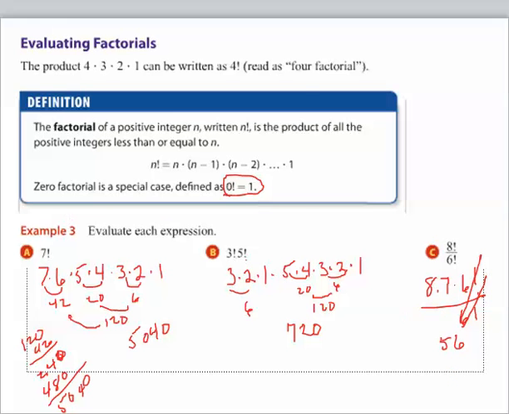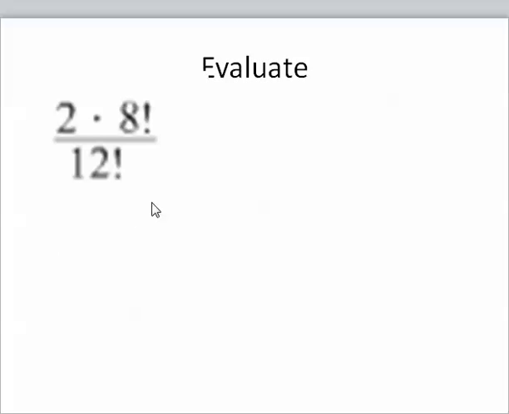Let's work one more and see what it looks like. So I've got 2 times 8 factorial divided by 12 factorial. Well, let's see here, doing this quickly. It'd be 2 times, well, since the 8 is the smaller number, I'm going to leave that as 8 factorial on the top. And on the bottom, I'm going to say that's 12 times 11 times 10 times 9 times 8 factorial.